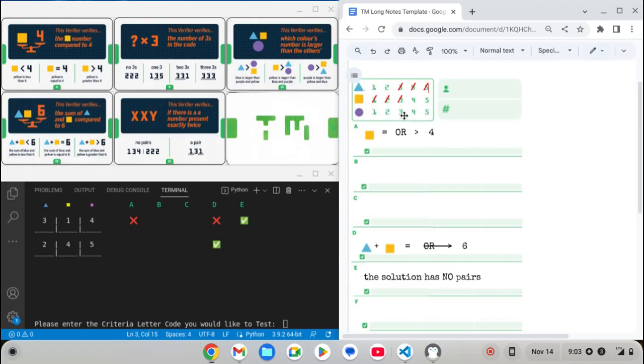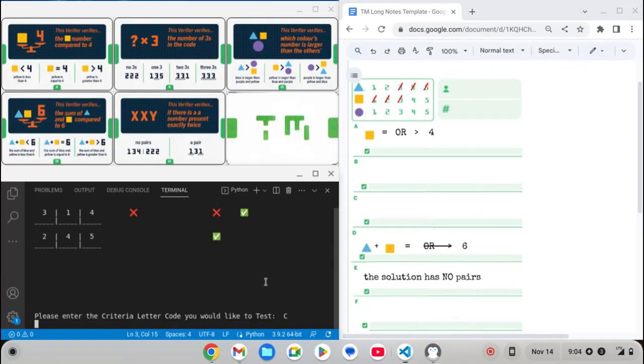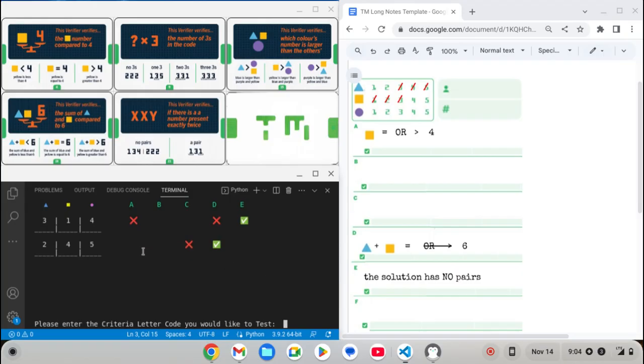So let's see. Can we tell if we test the largest? Again, it's going to be between square and circle. Yeah, let's go ahead and do the largest and see where that takes us. Okay, so it is not true that circle is the largest. Very interesting.